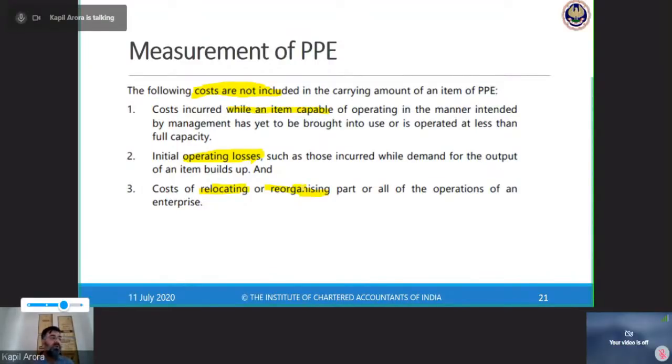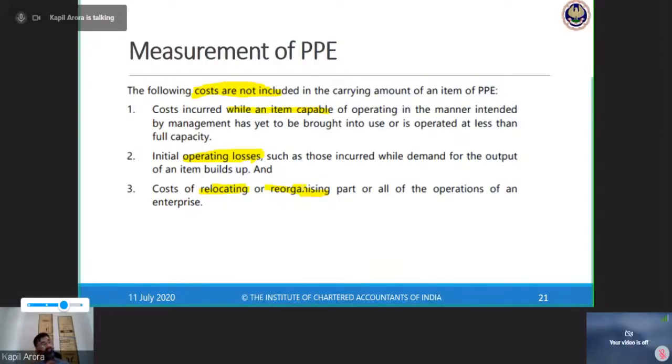But because of some government issues, some political issues, they had to move the plant from West Bengal to Gujarat. So when they are moving the plant from one place to another, that is the relocation. The plant was already in place, which could be ready to use.